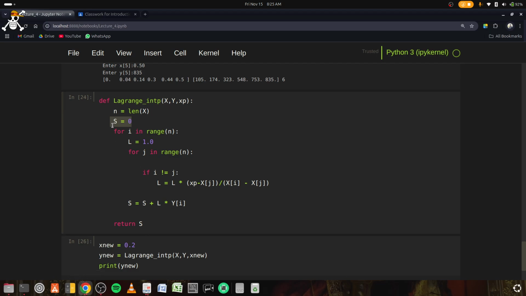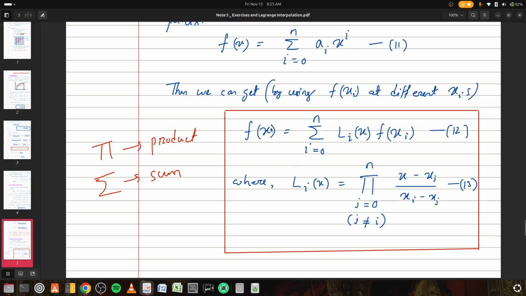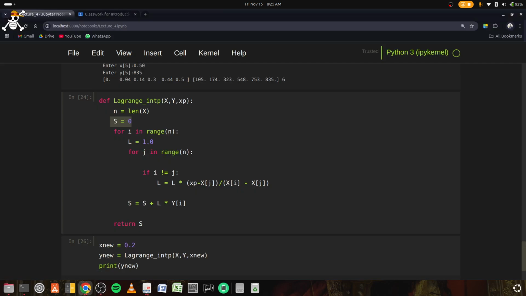First, let the sum be equal to 0. Then for i in range n, and L is equal to 1.